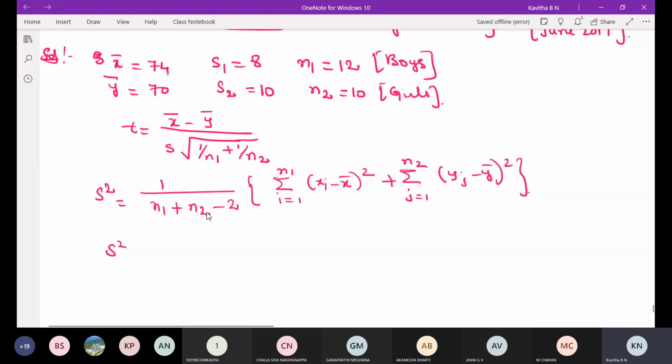Then s square, we are writing one more formula, n1 s1 square plus n2 s2 square whole divided by n1 plus n2 minus 2.